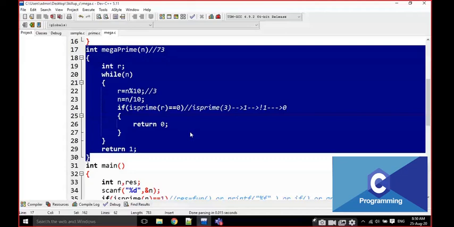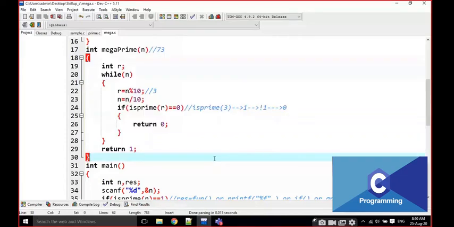First of all, note down this mega prime logic. Don't confuse this one. We just have to practice it. You have to practice it.